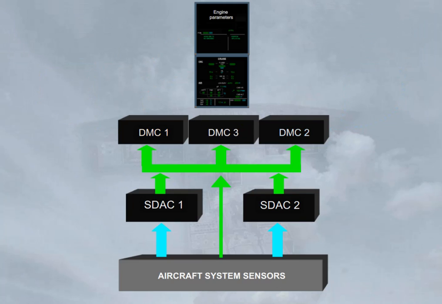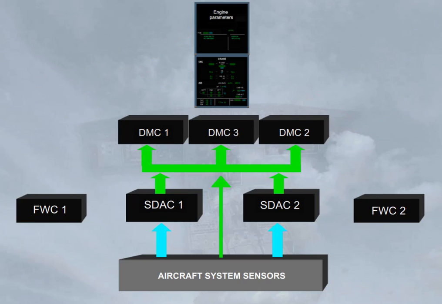Two identical flight warning computers, FWC, receive data from the SDACs to generate most of the amber cautions, and the aircraft system sensors to generate red warnings and remaining amber cautions.